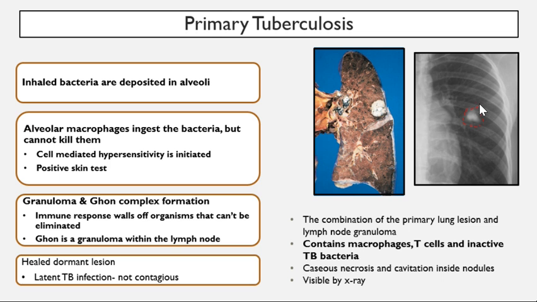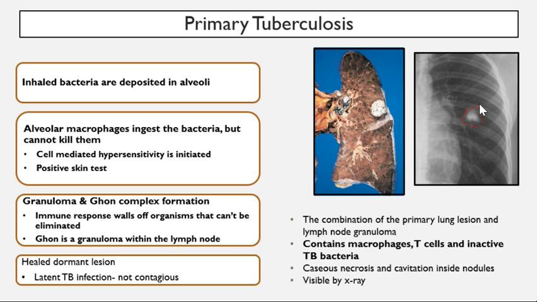There's primary tuberculosis, where the inhaled bacteria are deposited into the alveoli, and then they start to grow. Alveolar macrophages ingest them but cannot kill them because of the protective waxy capsule.